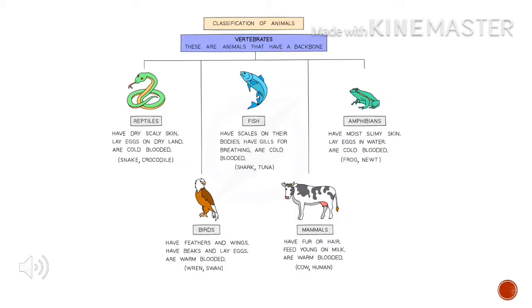Now, this is another diagram that shows you the different classes of vertebrates. You have reptiles, fish, amphibians, mammals, and birds. And under each are their main features.